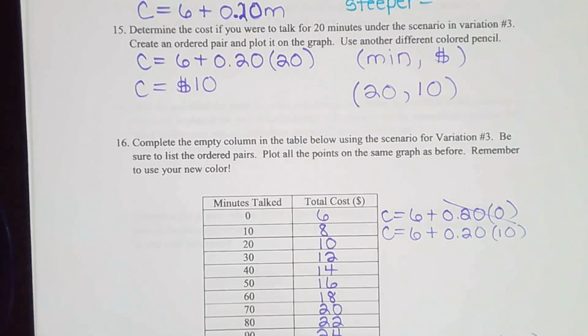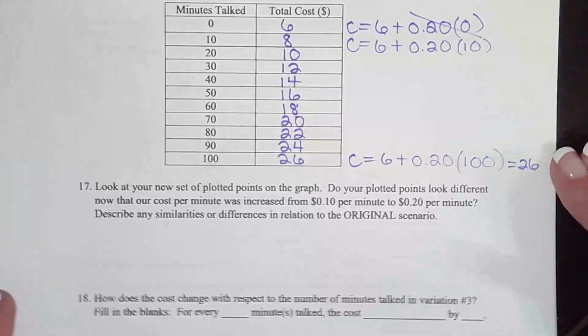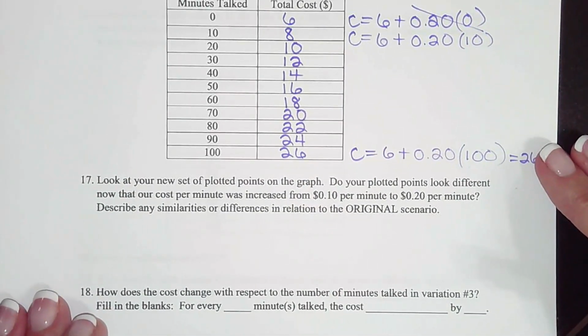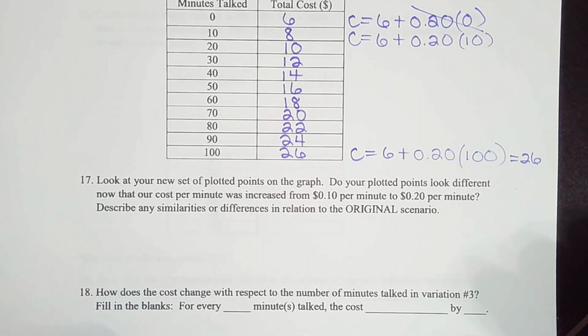And let's see what's left on this page. Look at your new set of plotted points on the graph. Do your plotted points look different now that our cost per minute was increased from 10 cents to 20 cents? Describe similarities and differences, which we already did, but we'll just state them again.